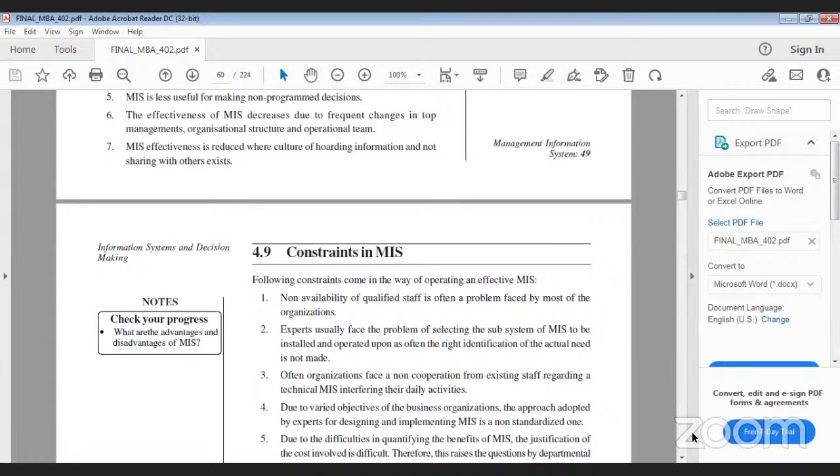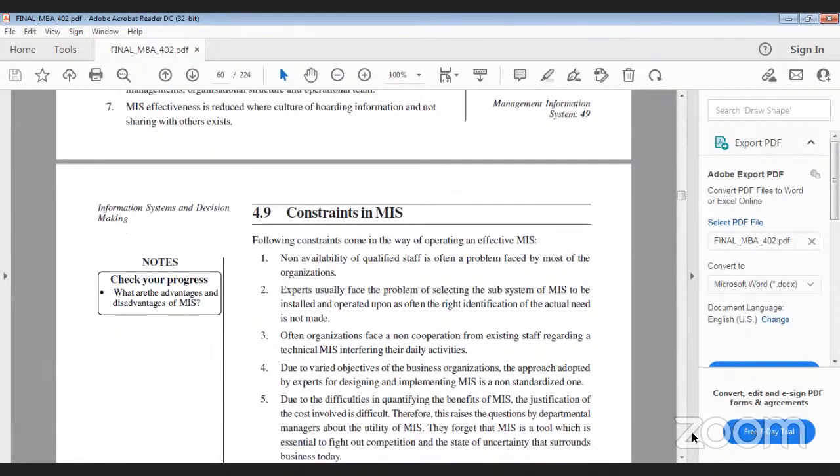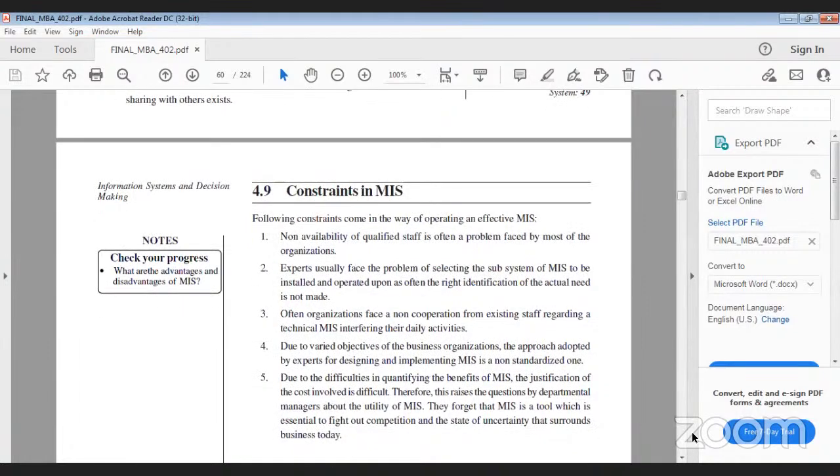Next, constraints in MIS. Non-availability of qualified staff is often a problem faced by most organizations.